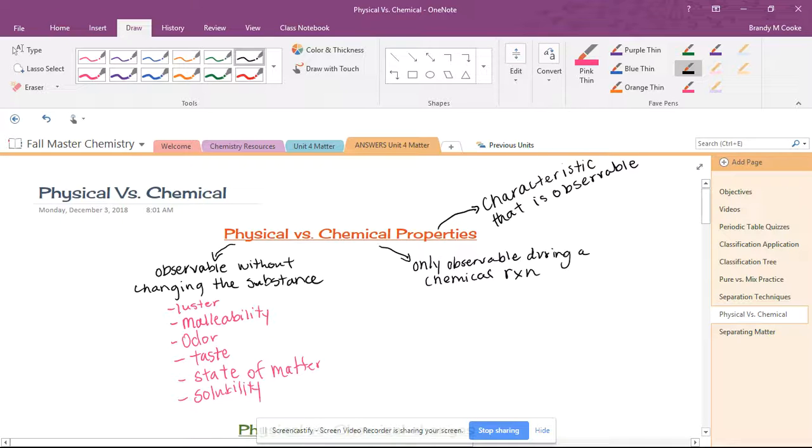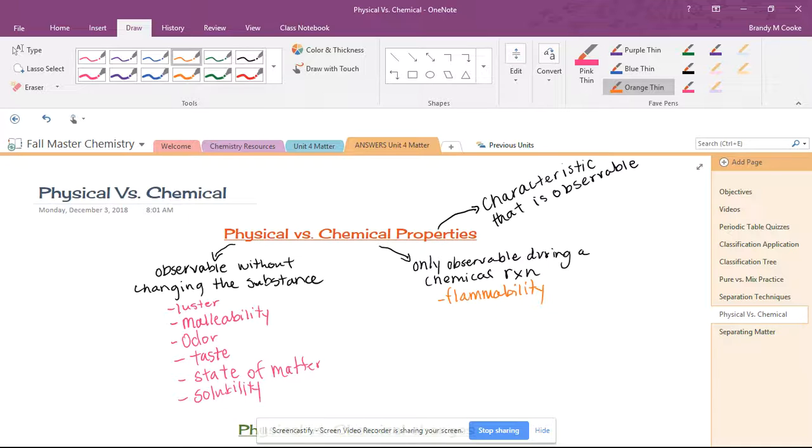All right, RXN means reaction. So chemical properties are only observable during a chemical reaction. So for example, something like flammability. I can look at, say, a metal table and a wooden table, and I know that the wood is more flammable than the metal.